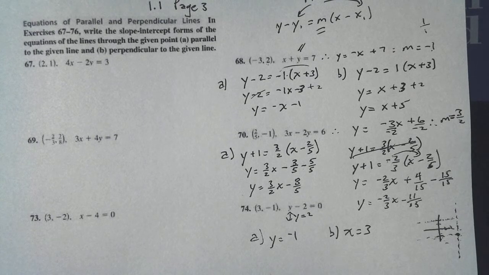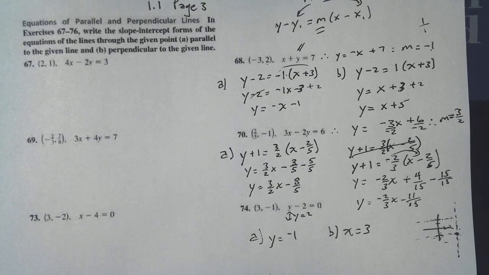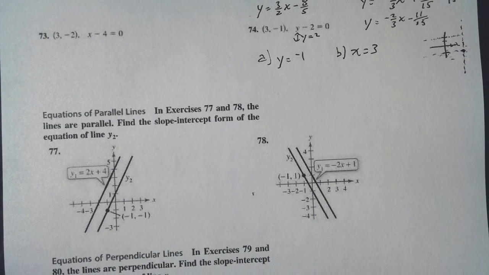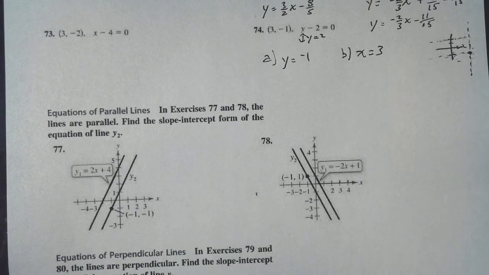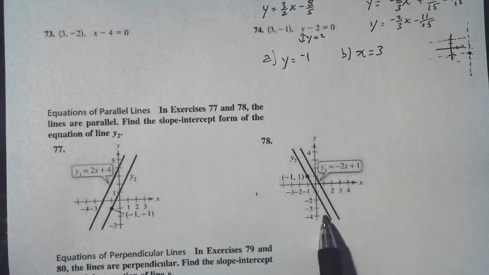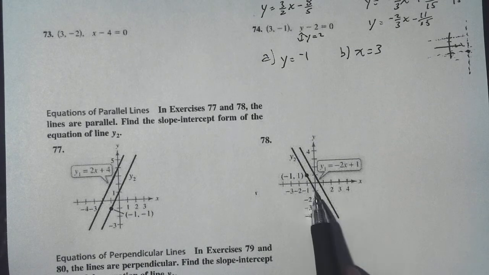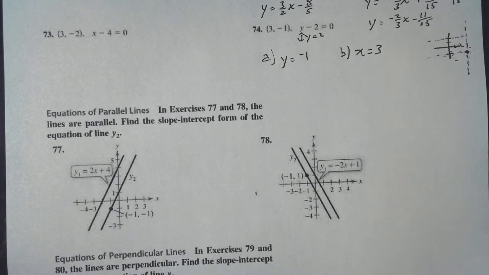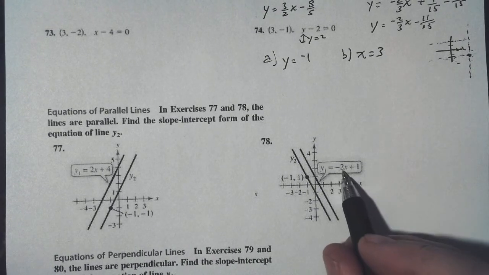So that is it for 68, 70, and 74. Let's look at the next ones. The lines are parallel, therefore the slopes are the same. Find the slope-intercept form of y2. So really, just like above, this has a slope of -2.